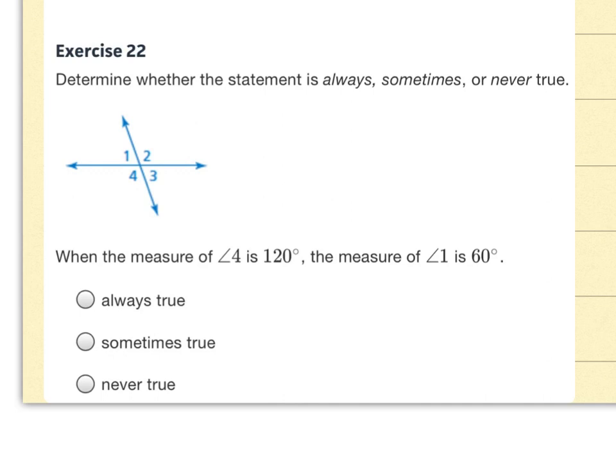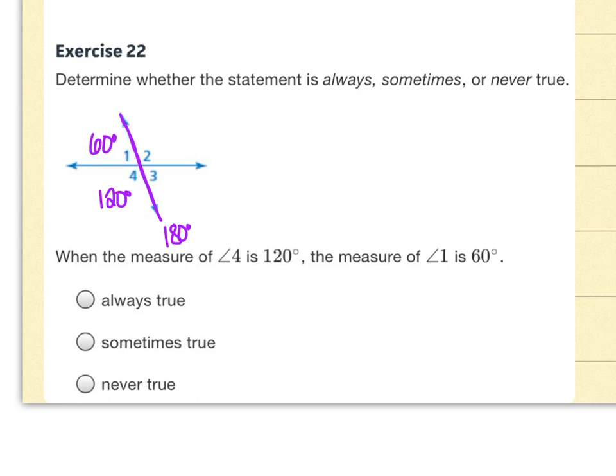Number 22, same thing, always, sometimes, or never true. When the measure of angle 4 is 120 degrees, the measure of angle 1 is 60 degrees. So if angle 4 is 120 degrees, it says angle 1 would be 60. Well, here's what we know. These two angles together sit on a straight line, and we know straight angles measure 180 degrees.